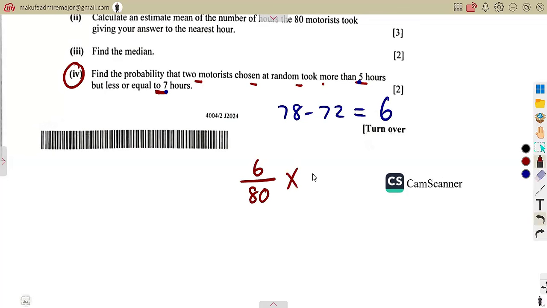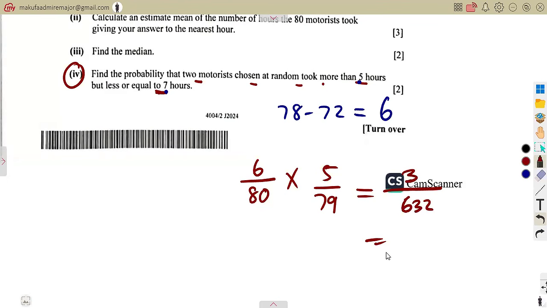If this is the first one, then the other one will be 5 out of 79. You subtract 1 from the total. Remember, we talked about this calculation, but there we were just supposed to refer to our graph first. So it was going to be something like 3 over 632 as a decimal.